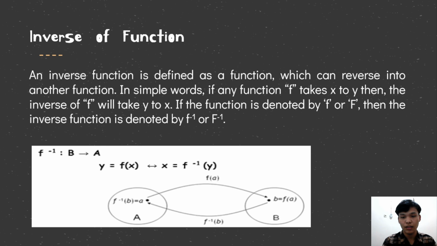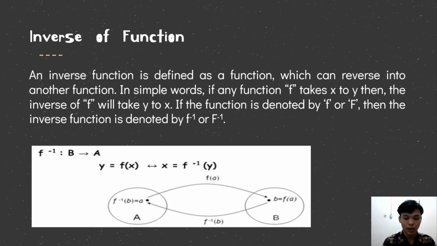If the function is denoted by f, then the inverse function is denoted by f^-1. If it's a function from x to y, so that it can be written y = f(x), then f inverse is a function from y to x, written x = f^-1(y).